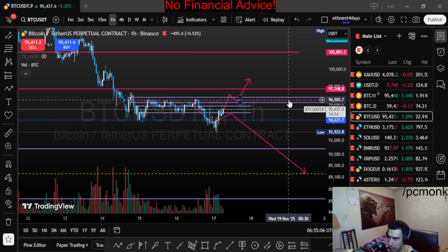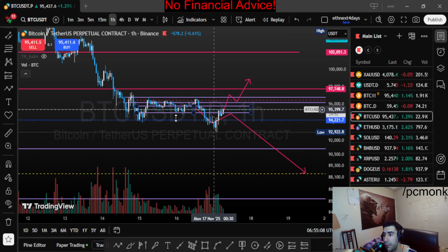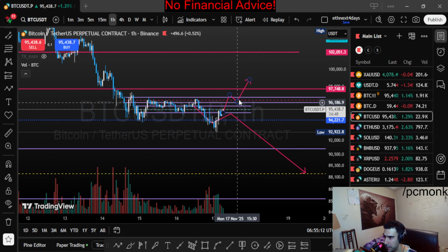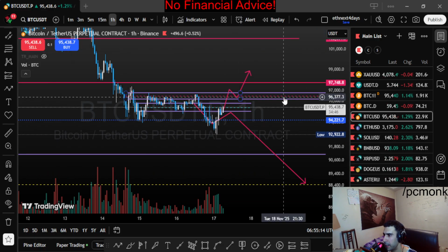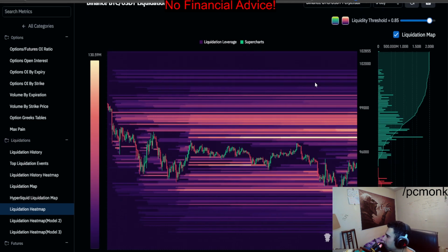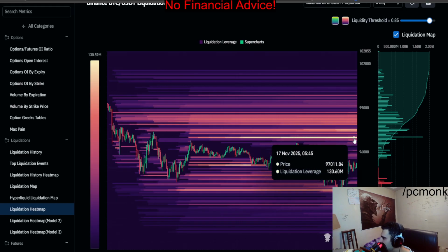But in my opinion, the important place to hold is this parallel channel, the one with the pink line, $96,000. This one, right? Now back to the liquidation. This is 3 days of liquidation. You can see 130 million towards the upside, $97,000.